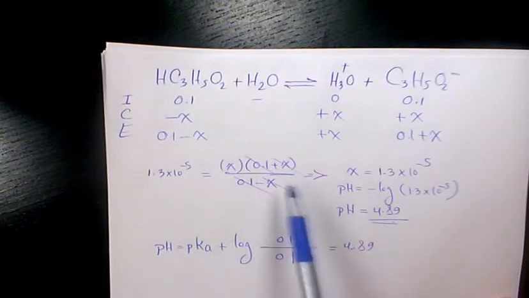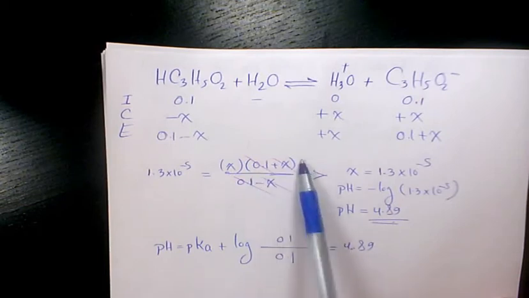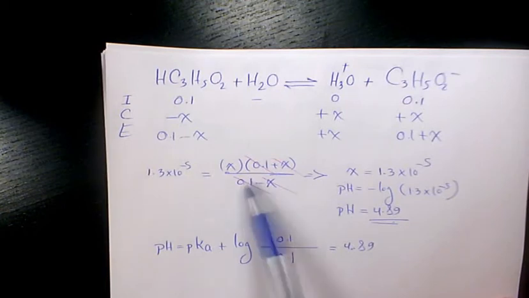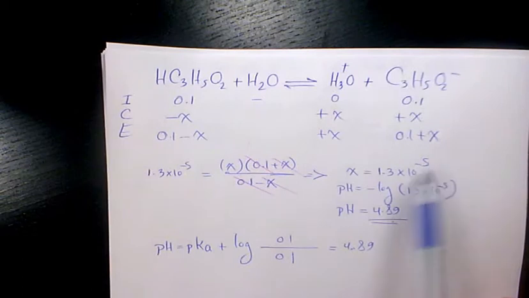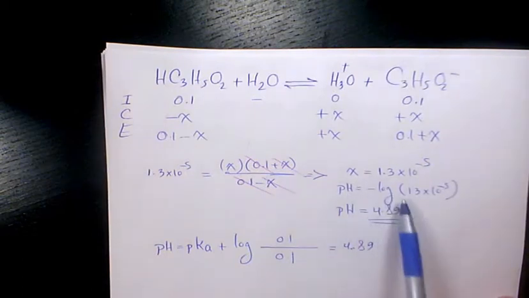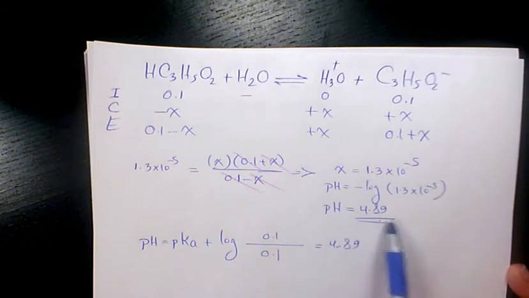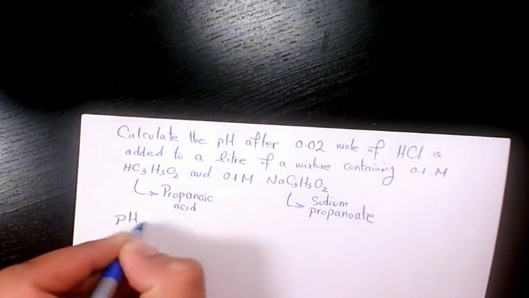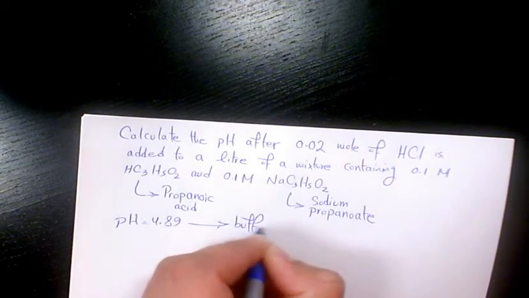When you neglect x compared to 0.1, I can cancel these two x's, and 0.1 and 0.1 cancel out, so x equals 1.3 times 10 to the power of negative 5. So pH is negative log of 1.3 times 10 to the power of negative 5. So pH is 4.89. Before addition of this acid, the pH is 4.89 for this buffer solution.